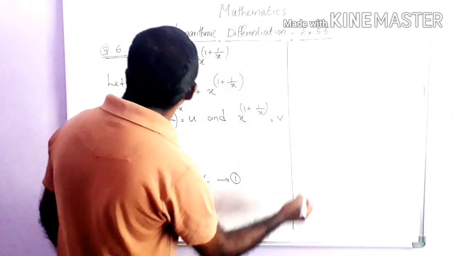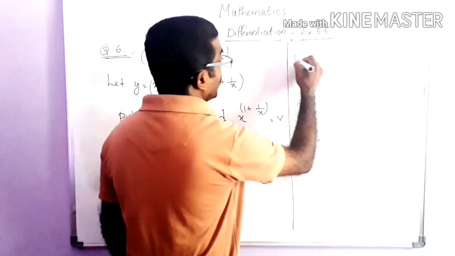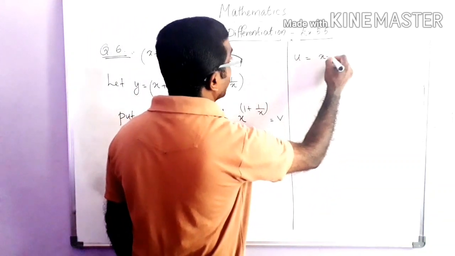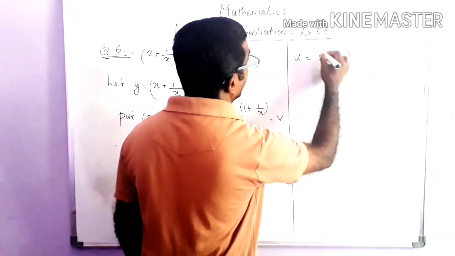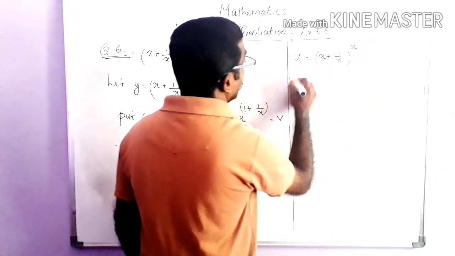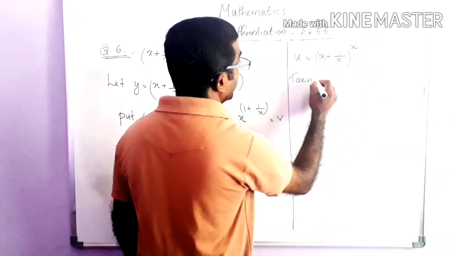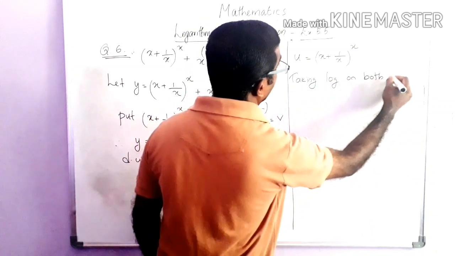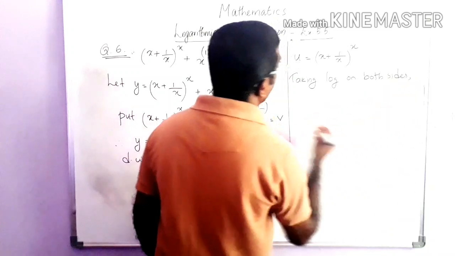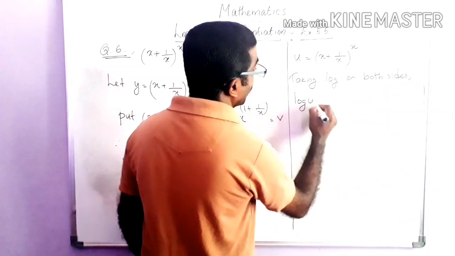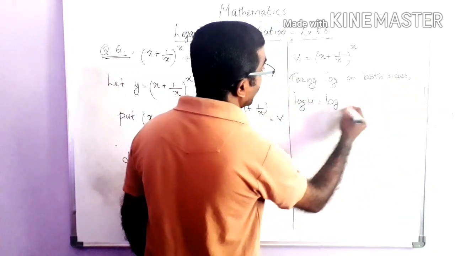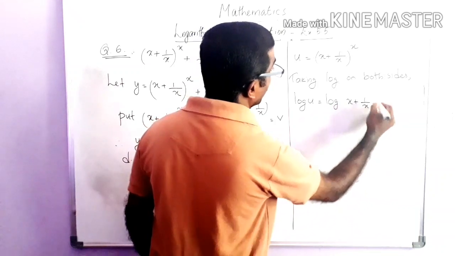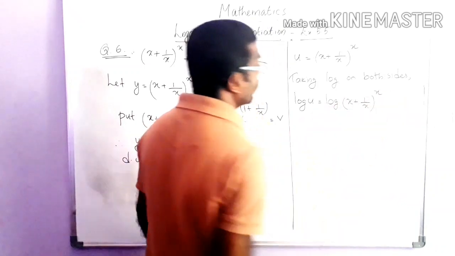Now we can take the first term, that is u = (x + 1/x)^x. Taking logarithm on both sides, it becomes log u = log (x + 1/x)^x.